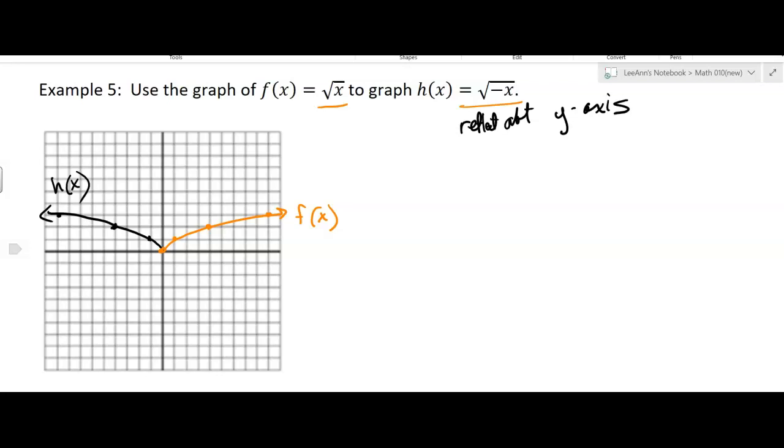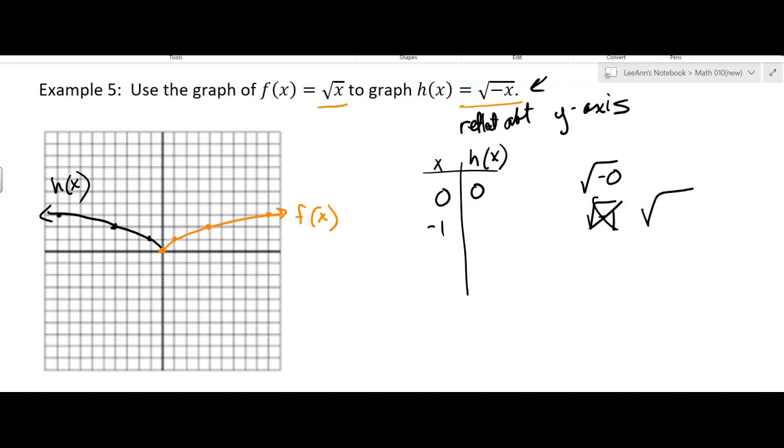Now you might be wondering, well, what if I wanted to do a table of values? So you might have an idea of what types of values you want to put in. 0, that's not a problem. What's the square root of the opposite of 0? Just 0. Okay, so that's fine. But you can't put in 1 because you'd have the square root of -1 because you're doing the opposite, right? And that's not going to work. That's not real. So what you can do is you can put in a -1, though.